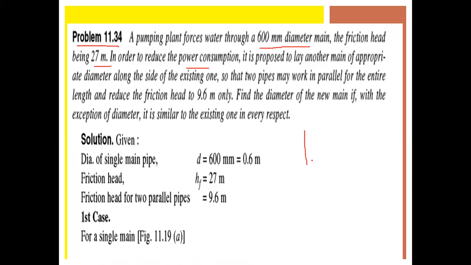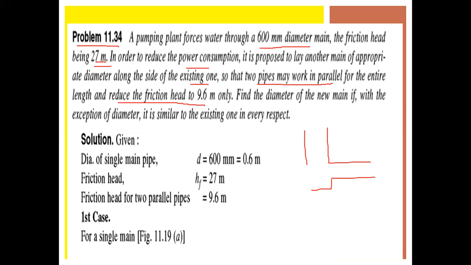That is, there is a 600 mm pipe from the tank, and to reduce the power, another pipe is laid in parallel, so that the two pipes may work in parallel for the entire length and reduce the friction head to 9.6.